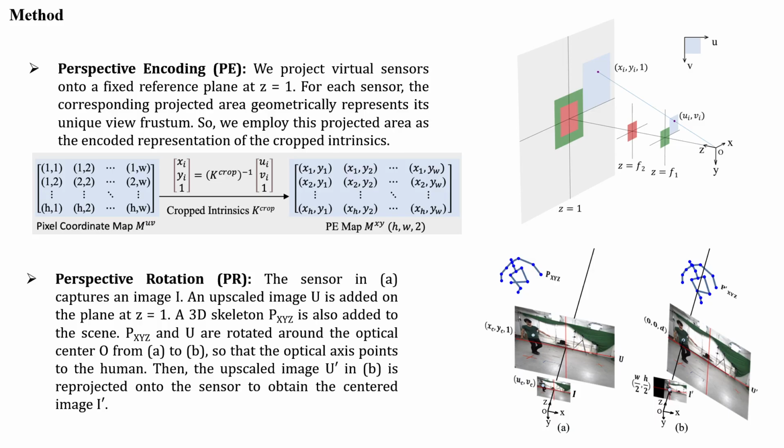After this rotation, the upscaled image U prime in B is reprojected onto the virtual sensor in B, and the centered image I prime is obtained.